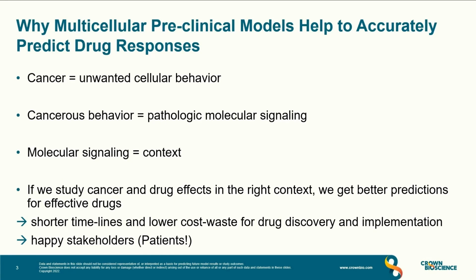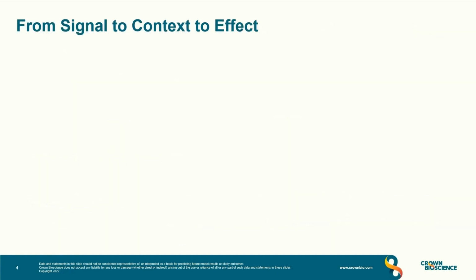And then on top of that, molecular signaling is highly dependent on the context. So if we study cancer and drug effects in the right context, we will get better predictions for effective drugs, which means shorter timelines and lower cost waste for drug discovery and implementation, and most importantly, happy stakeholders, which are, of course, the patients.